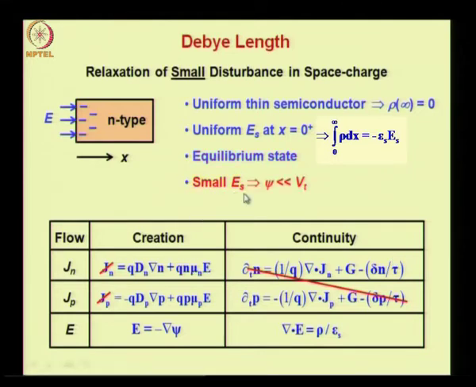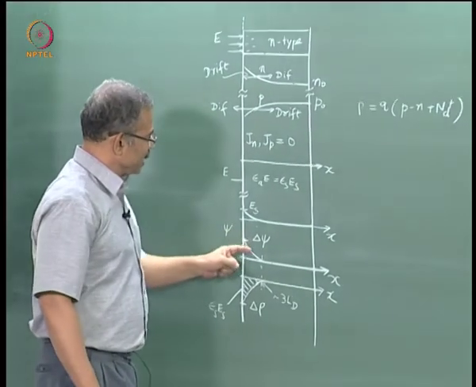So what does it imply? This allows us to make the approximation that ψ, the potential disturbance inside the semiconductor, is much less than thermal voltage. That is, this is the potential variation.